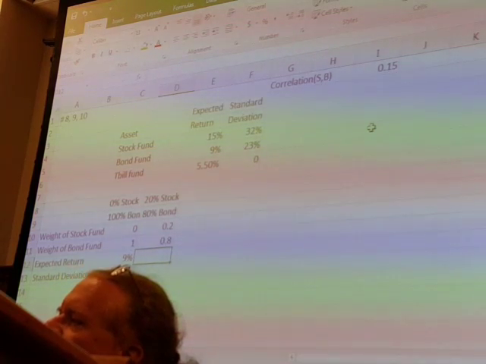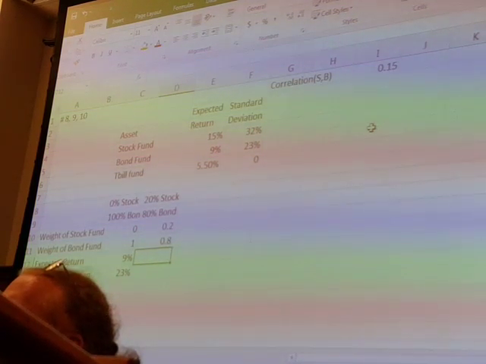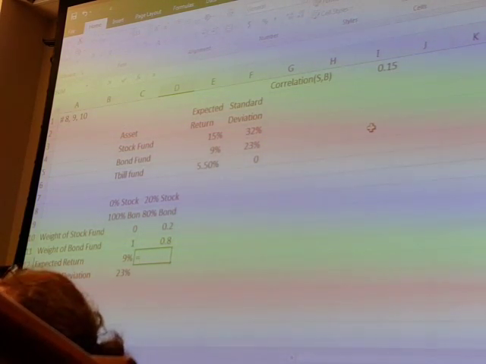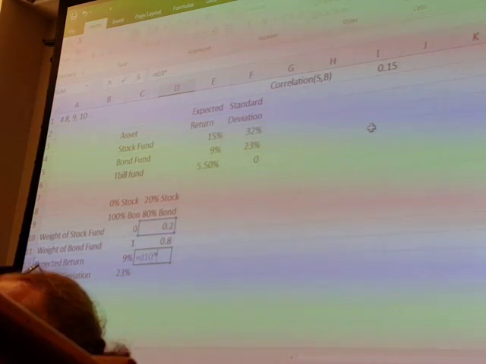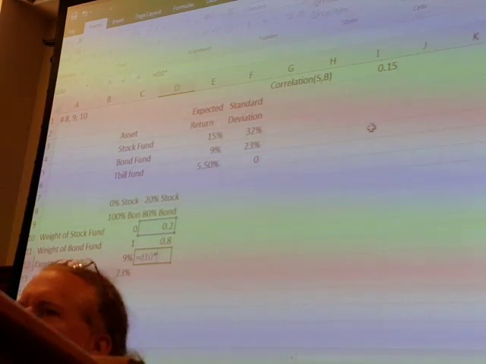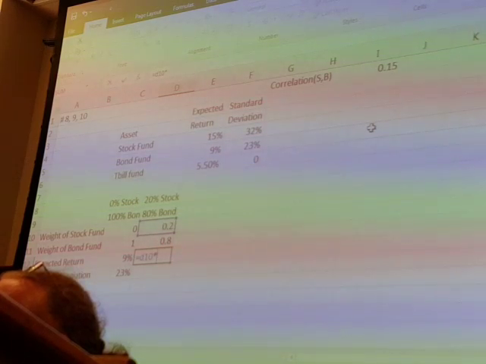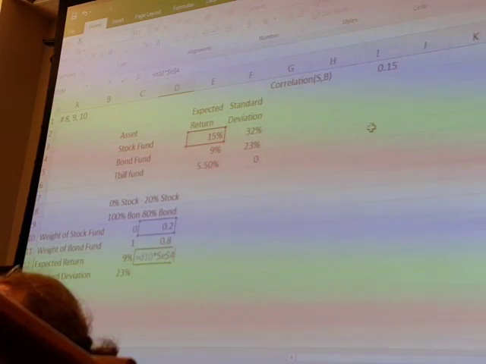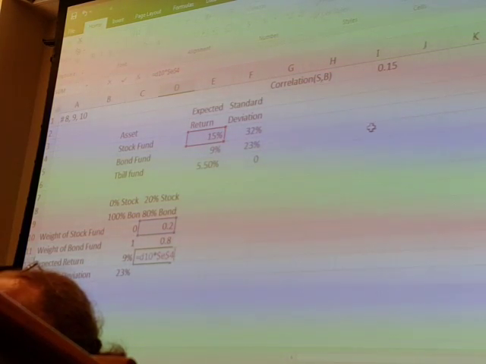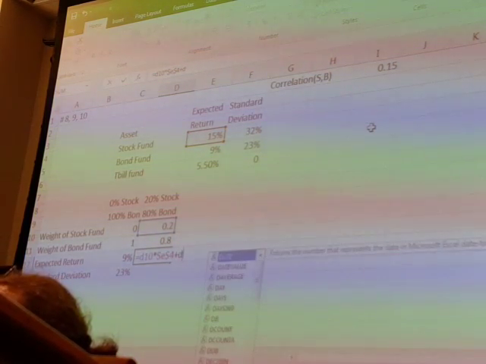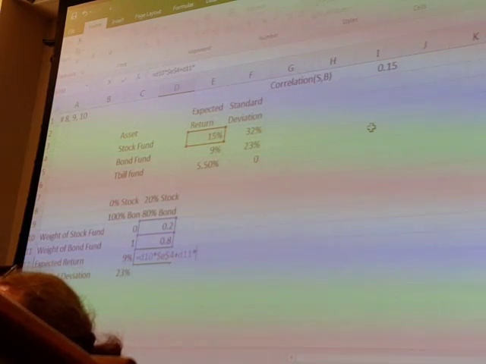Okay, so the expected return, what we need is the weight of the stock fund times the expected return of the stock fund. So that's going to be equal to D10, the weight of the stock fund, times, and I'm going to use an absolute reference so I can copy this over to the other portfolios, $E$4, plus the weight of the bond fund D11 times $E$5.